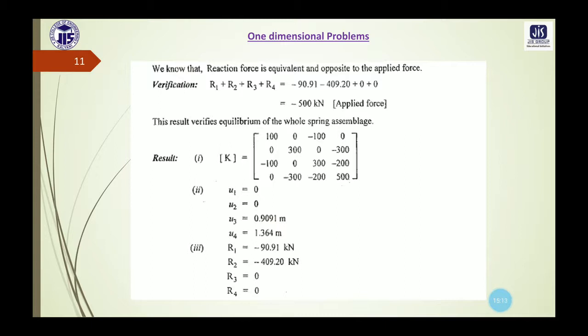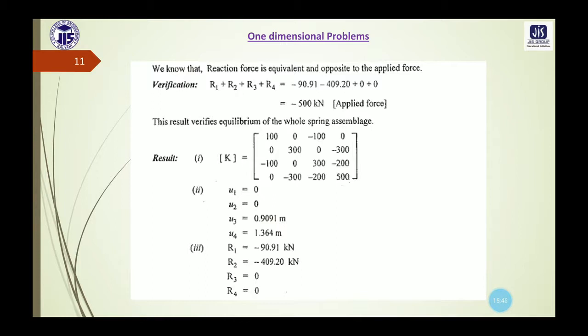And finally we need to write the necessary result. First, we have found the spring stiffness matrix, which is a 4 by 4 matrix. Next we have calculated the nodal displacements for the 4 different nodes. That means u1 is 0, u2 is 0, then u3 is 0.9091 meter and u4 is 1.364 meter.